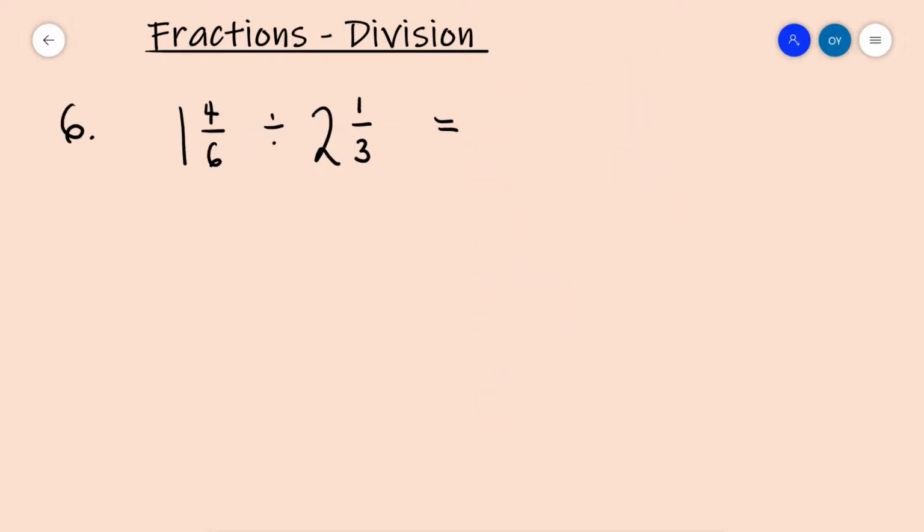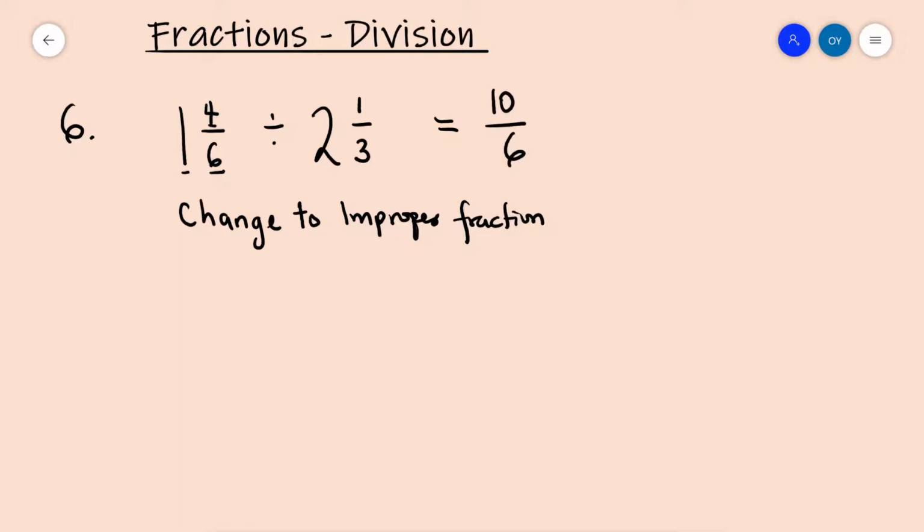Number 6, we have these mixed numbers. 1 4 over 6 divides 2 1 over 3. The first step here is to change the mixed fraction to improper fraction. So we change that, we have 10 over 6 divide 3 times 2, 6 plus 1, 7 over 3.